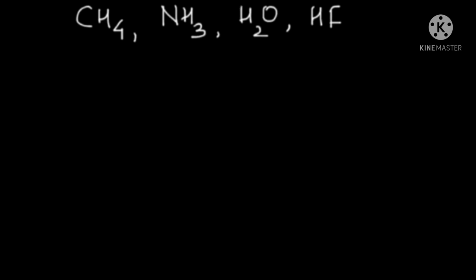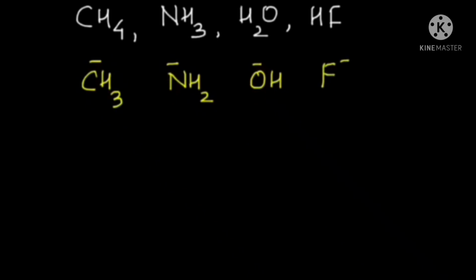So the conjugate base of CH4 will be CH3 minus. For NH3 you will get NH2 minus. For H2O you will get OH minus, and for HF you will get F minus.